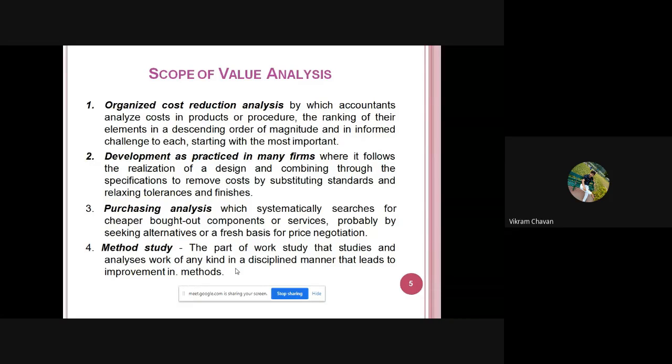In this manner we have discussed the different scopes of value analysis. I think you have written the first two scopes, that is organization cost reduction analysis and development as practiced in many firms.